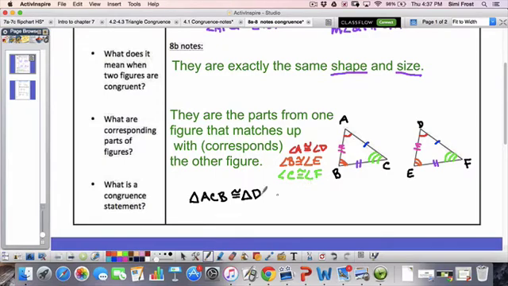I'll put D, and then C goes with which letter in the other one? Well, it goes with F. And then lastly, B goes with E. And you can see that just by reading the congruency statement, I could draw the picture. I wouldn't even need the picture because I can see which angles go together.